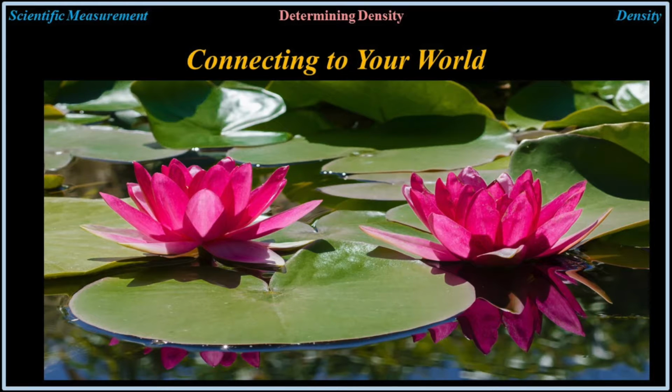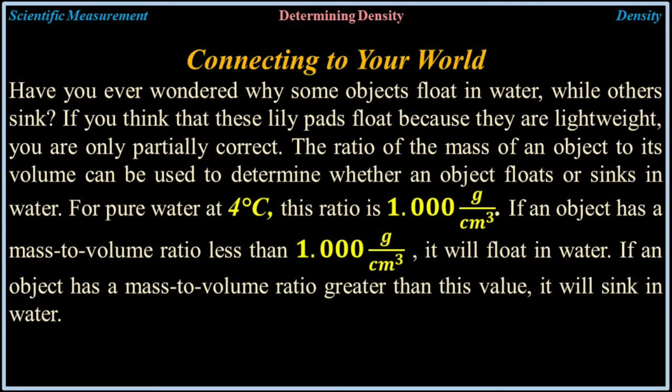Connecting to your world. Here are some water lilies that float on the water. Have you ever wondered why some objects float in water while others sink? If you think that these lily pads float because they are lightweight, you are only partially correct. The ratio of the mass of the object to its volume can be used to determine whether an object floats or sinks in water.